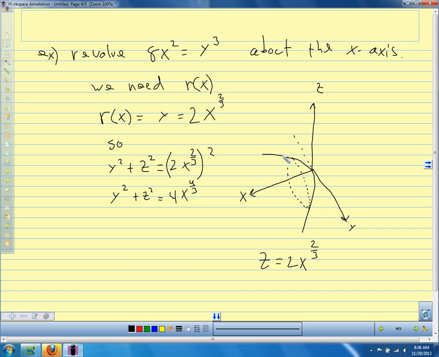So we can pick our generating curve in different coordinate planes and get the same surface. Here our generating curve just happened to be in the xy plane. We could have the same functional relationship between x and z in the xz plane, revolve that and get the same surface.